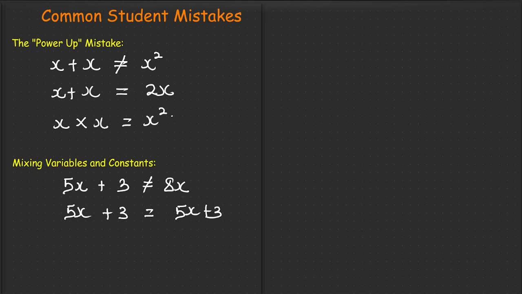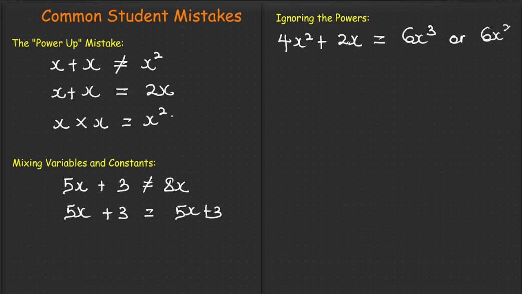Another mistake is some students do ignore the powers when solving. They ignore the what? The powers. So with that, if you have a question such as 4x squared plus 2x, they solve this and they get 6x cubed, or some even try to get 6x squared.